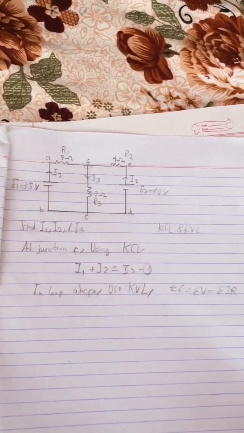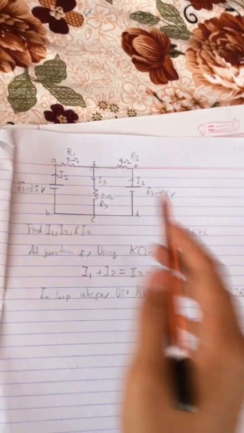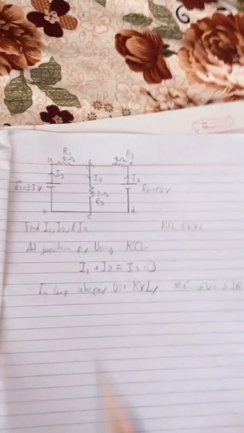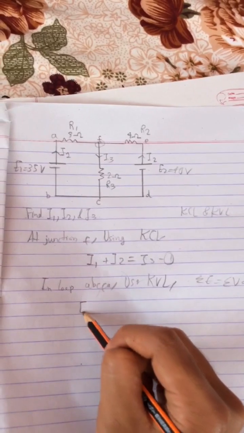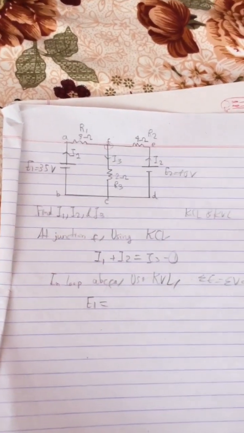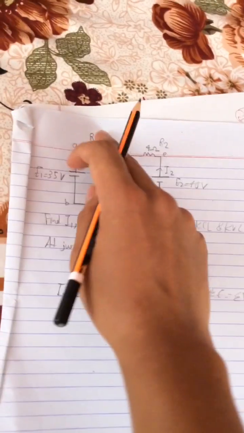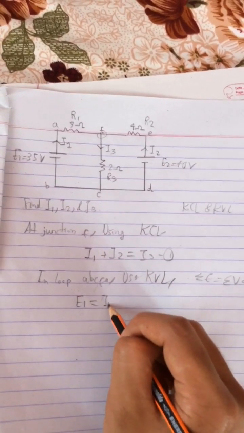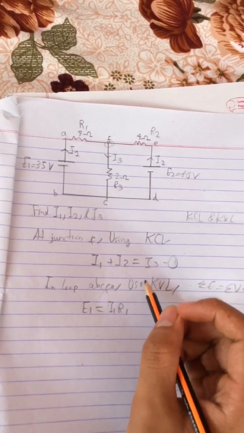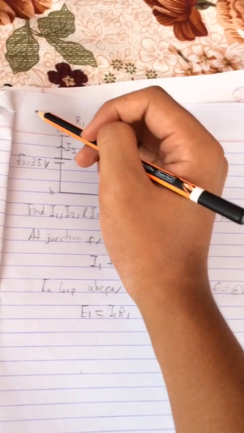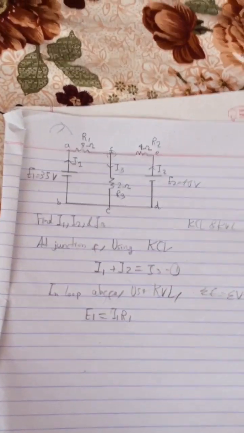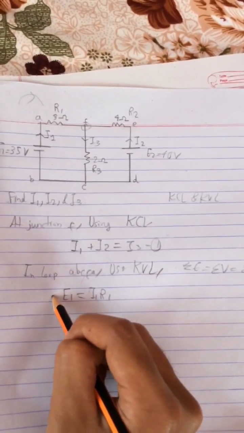Now here, there is a little bit of a mistake in the figure. E1 and E2 are given. Here, in this loop, there is only one EMF, which is 35. But let's write it down casually. E1 equals I1 R1. But here, we have to use the clockwise anti-clockwise rule. This is going clockwise, so it is negative.